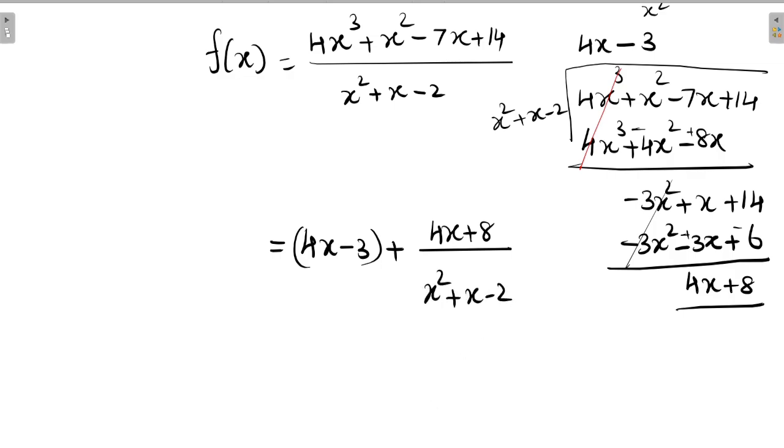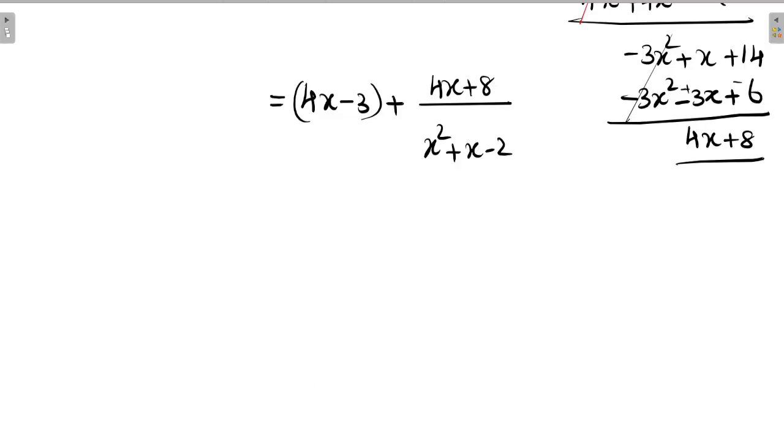This can be written in the factorization form which is given in the question, x minus 1 into x plus 2. The numerator also we can factorize. So 4x minus 3 plus 4 is the common factor, x plus 2, divided by the denominator x minus 1 into x plus 2.